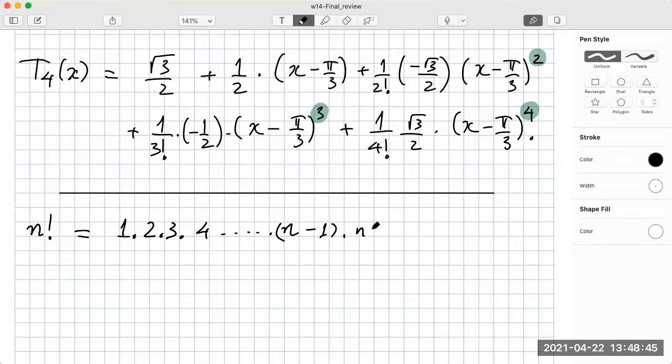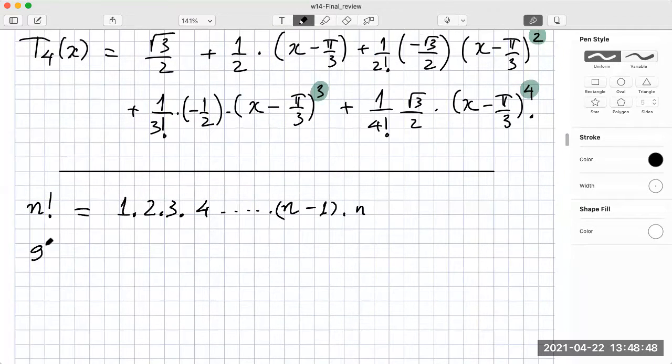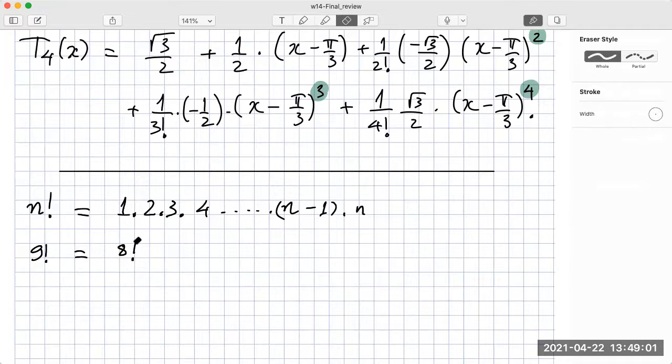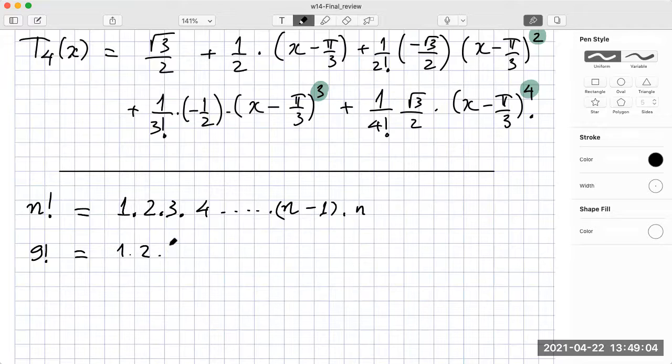For example, 9 factorial, we can write explicitly here, or we can write that it would be 8 factorial times 9, or we can write 7 factorial times 8 times 9. It's up to us.